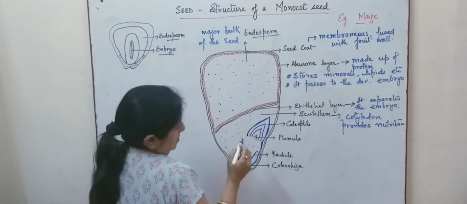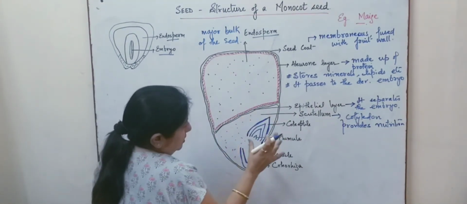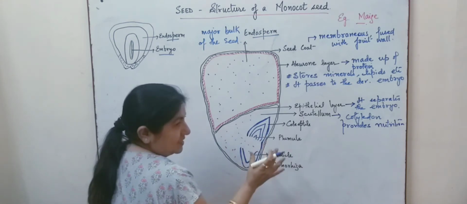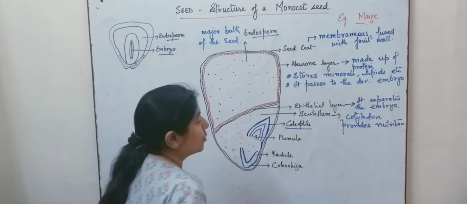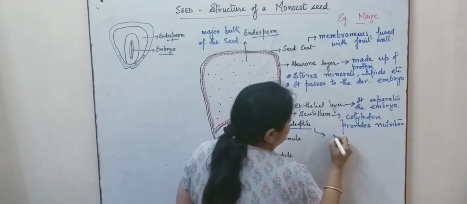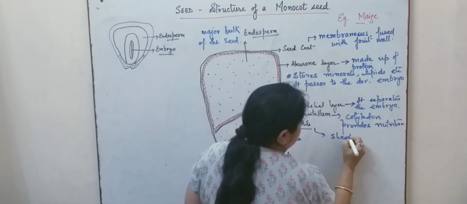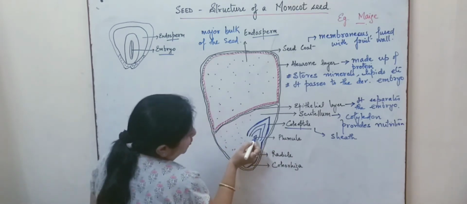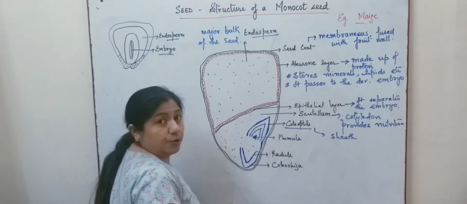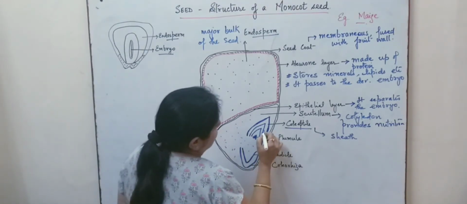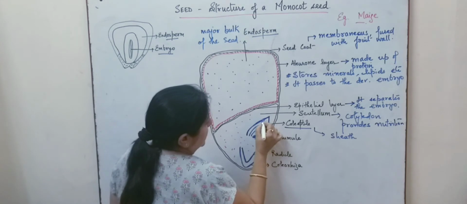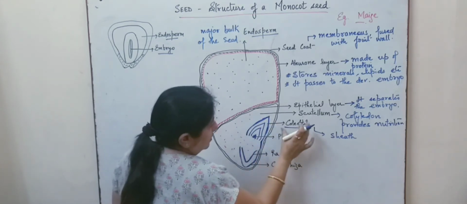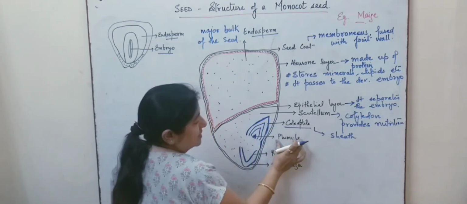Another very important structure which is found in the case of the monocot seed is the coleoptile. Coleoptile is a delicate sheath that covers the plumule. If you see over here, this structure is the plumule, and these are the embryonic layers or sheaths, and the coleoptile is the sheath that protects the plumule.